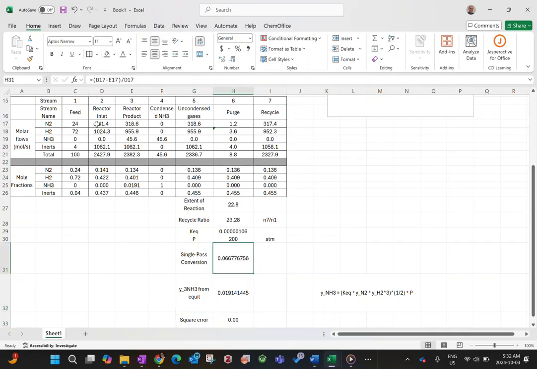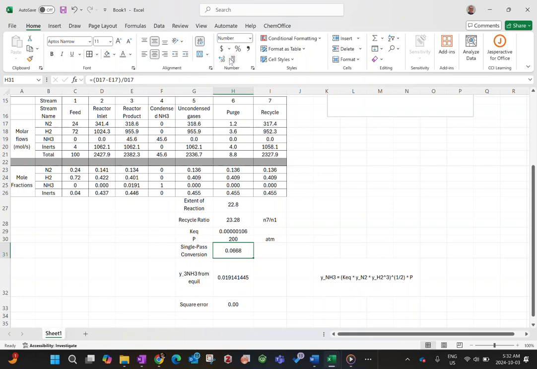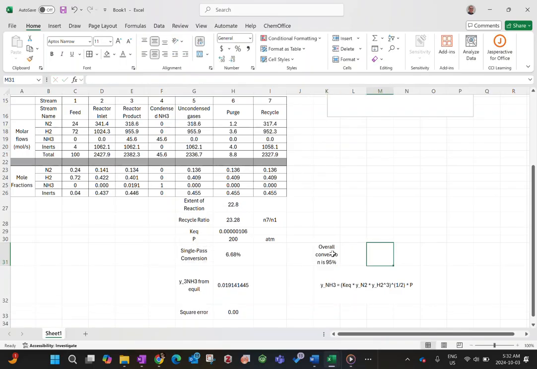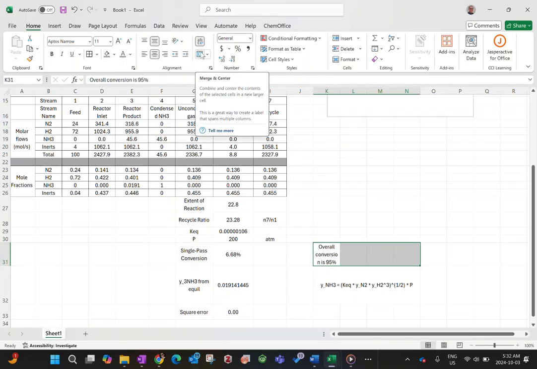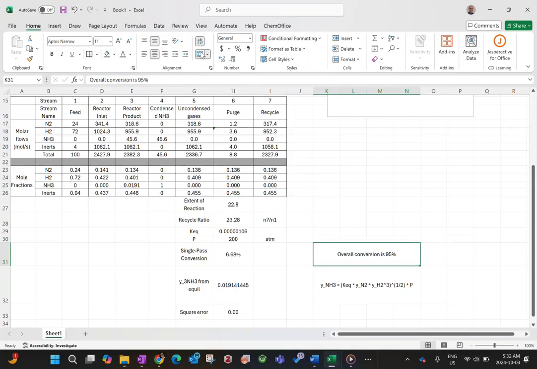So the single pass conversion here is about 6.7%, which is way, way, way less than the overall conversion of 95%. So the overall conversion is 95%, but the single pass conversion is just 6.7%. This is an example where it really highlights the power of a recycle.